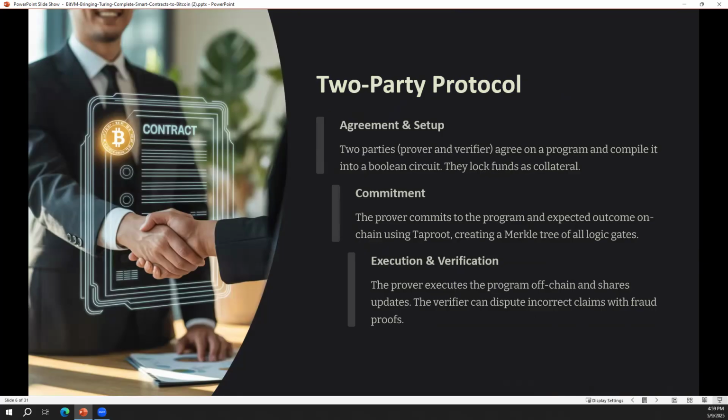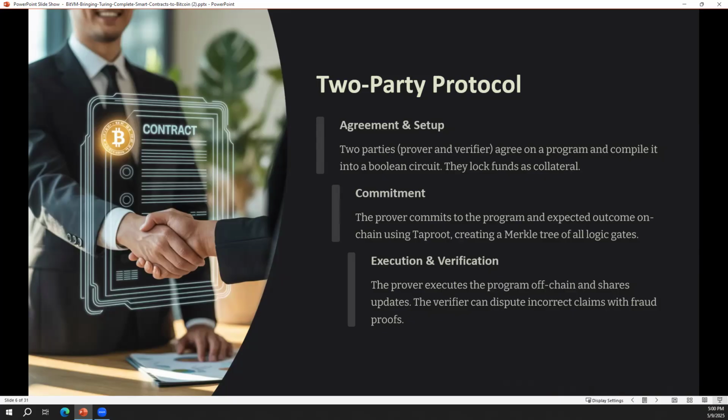It has a two-party protocol. In BitVM's initial design, every contract is between two roles: a prover who executes a program off-chain and a verifier who checks it. They first agree on a program and compile it into a Boolean circuit, logic gates operating on bits.